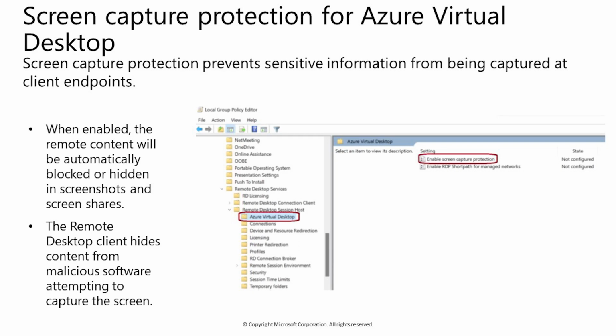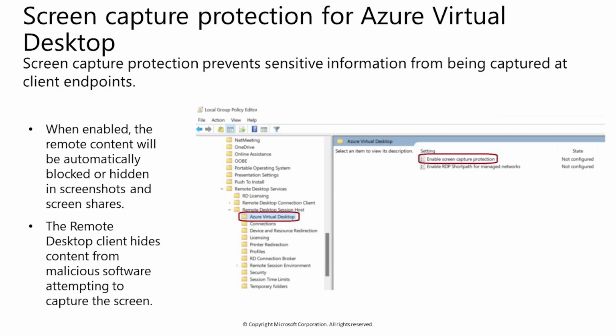People connect to sessions, remote sessions, remote desktops. So keeping in mind the security aspect, this feature can be enabled. So what are you going to achieve? What is going to happen?